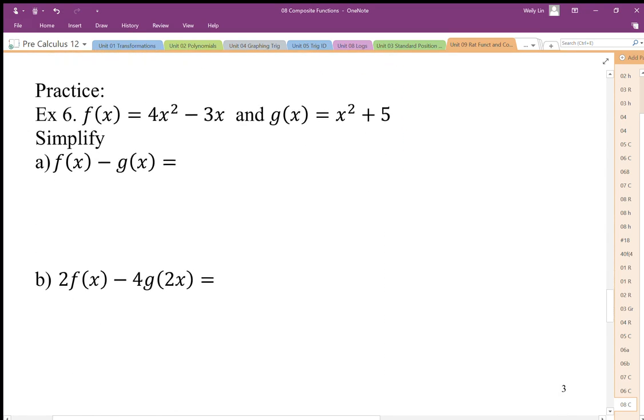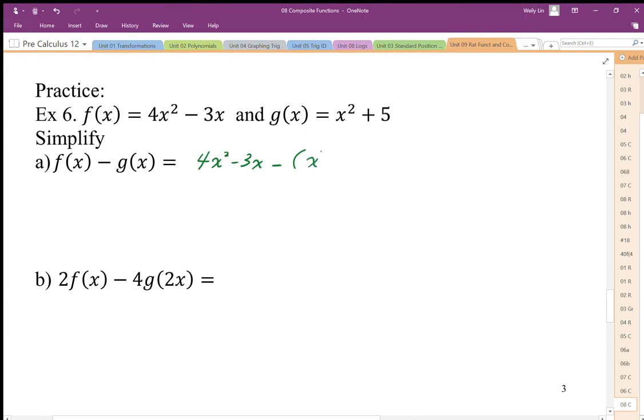We can also do this algebraically and get an expression for our function. When we combine functions, these are not composite functions, just combined functions, but we're going to practice with combined and composite functions together. Here we have f of x minus g of x, so we end up with 4x squared minus 3x minus, and make sure you're careful when you subtract.